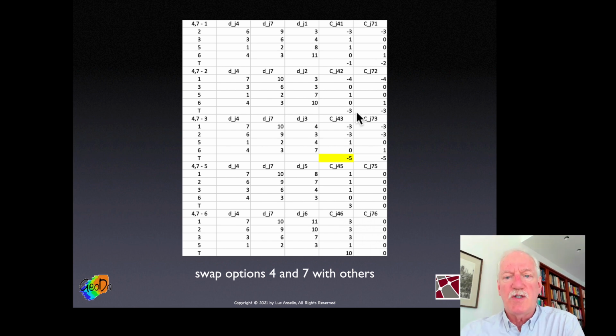And so how does this work? Here's a table that spells it out. We have currently 4 and 7, and we consider a swap of either one of these with 1. So here's the column that matters. Here are the changes in the distance function, the C_jIR. So I is the current center, 4. 1 is the candidate, R, right?